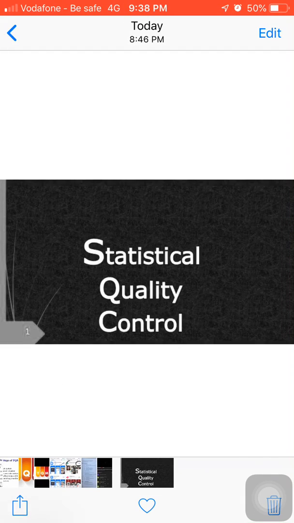Now how are these three steps implemented in the technique? Statistical quality control has two basic techniques for product quality control. The first one is the control chart, and the second one is acceptance sampling. These two techniques are the most widely used techniques of statistical quality control.